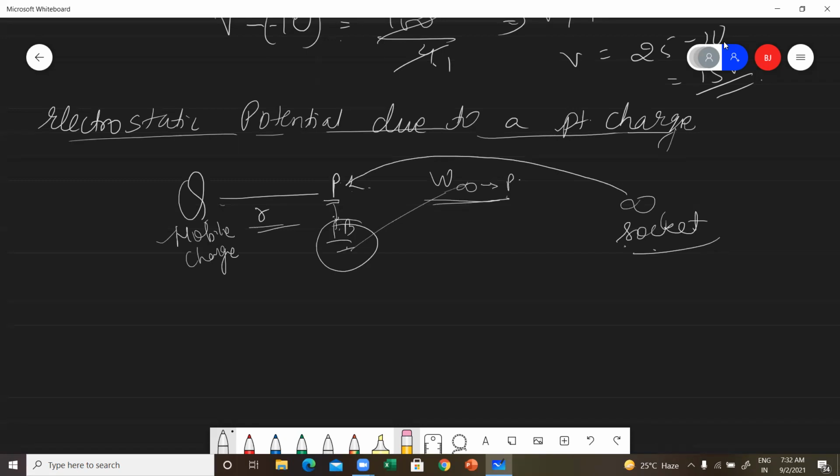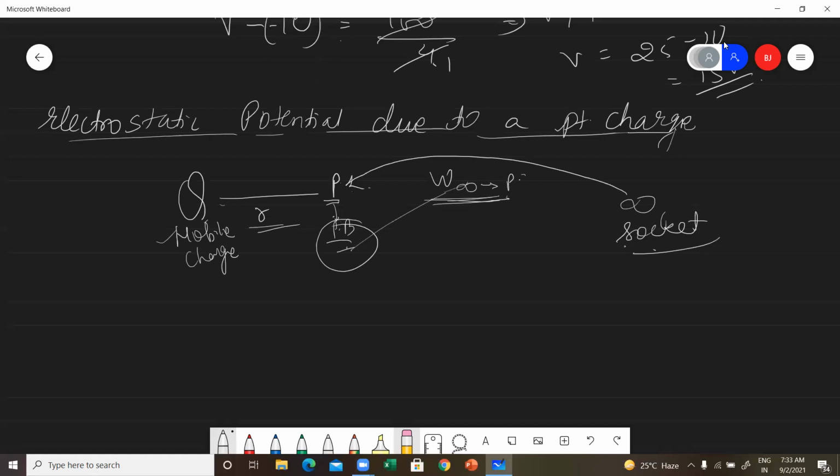Okay, now what to do? But we know one thing we have to remember by heart, that whatever the charges or whatever the work that we are doing here, that is the test charge. Suppose you are charging a mobile phone, it doesn't mean that the mobile phone just charges within a second.